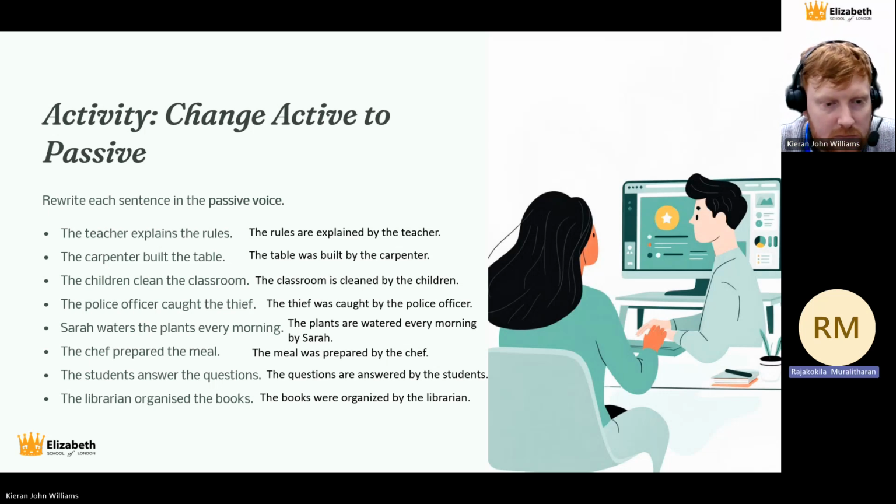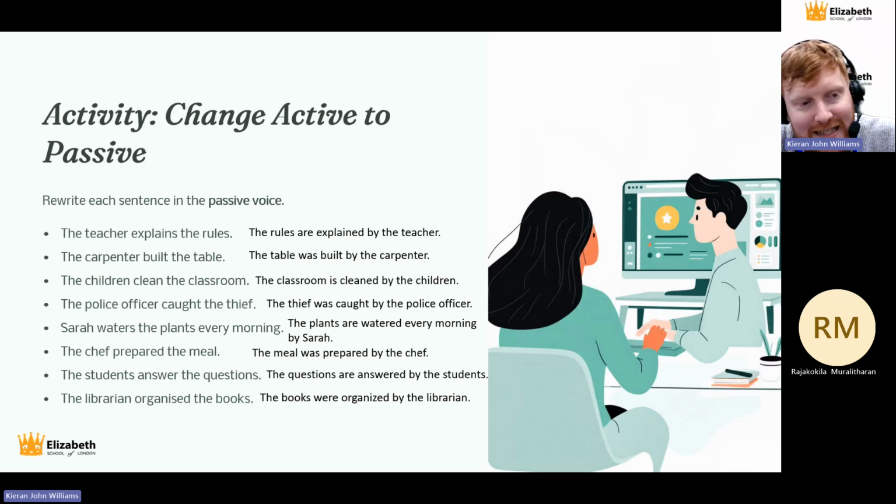So the rules. Does it need to be past? Well, have a look at the original sentence. It says "explains", so this is in the present. Yeah, present.